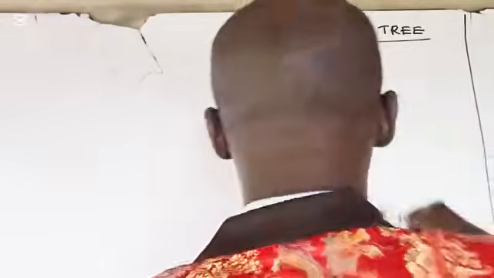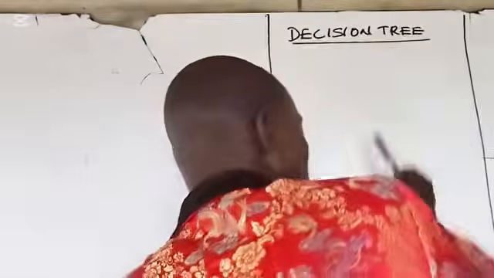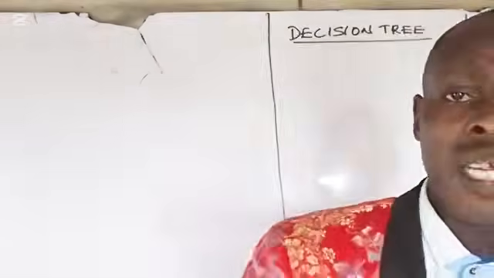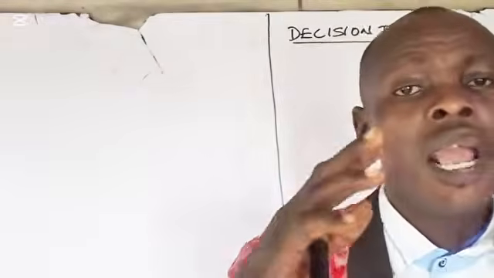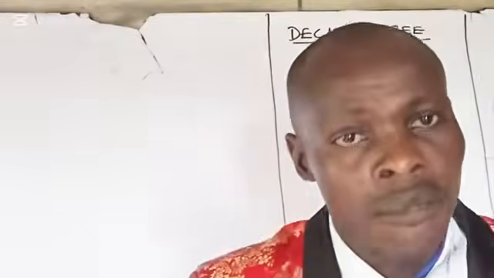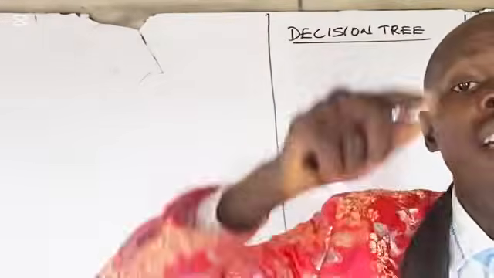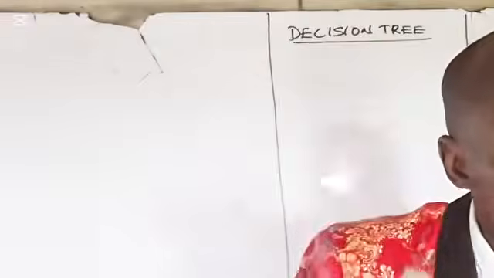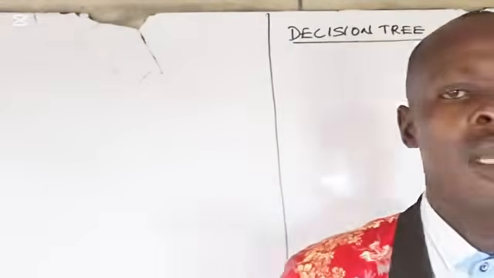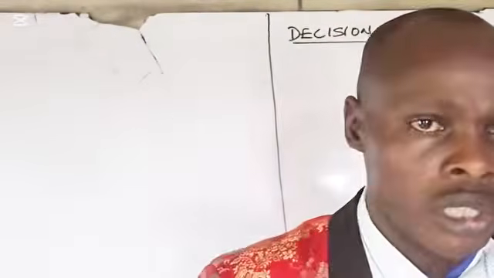What is a decision tree? A decision tree is a pictorial diagram that shows a series of interrelated decisions and outcomes on nodes.